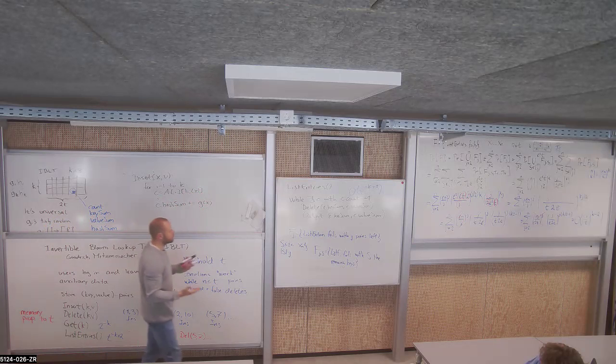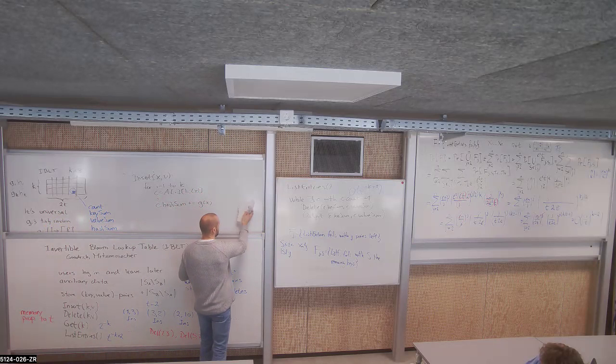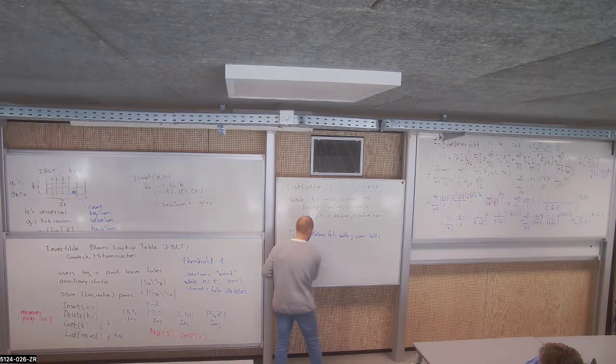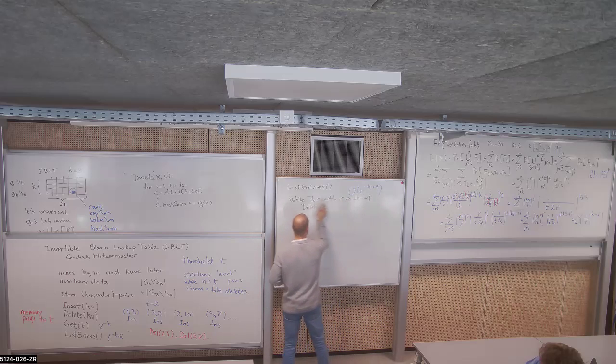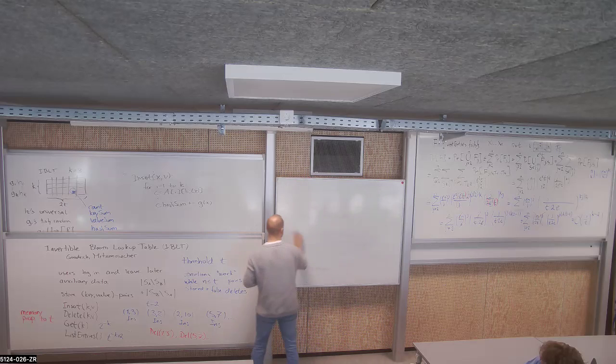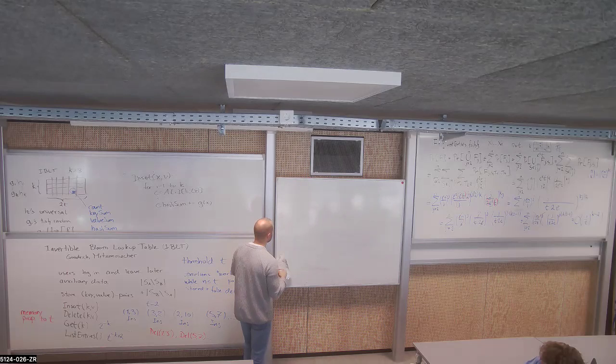So maybe let us just have a look at how you could now do the get operation with this. We're going to use this hash field to protect ourselves in some sense from these false deletions. So how could we do a get?